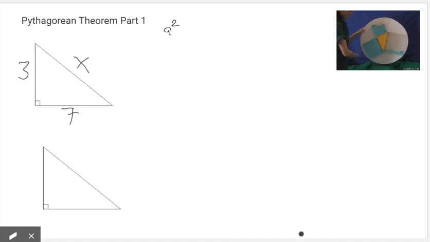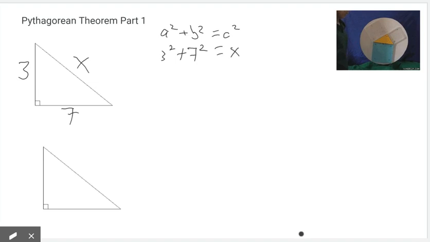Again, your formula, a squared plus b squared equals c squared. 3 squared plus 7 squared equals x squared. 9 plus 49 equals x squared. 58 equals x squared. So x is root 58.